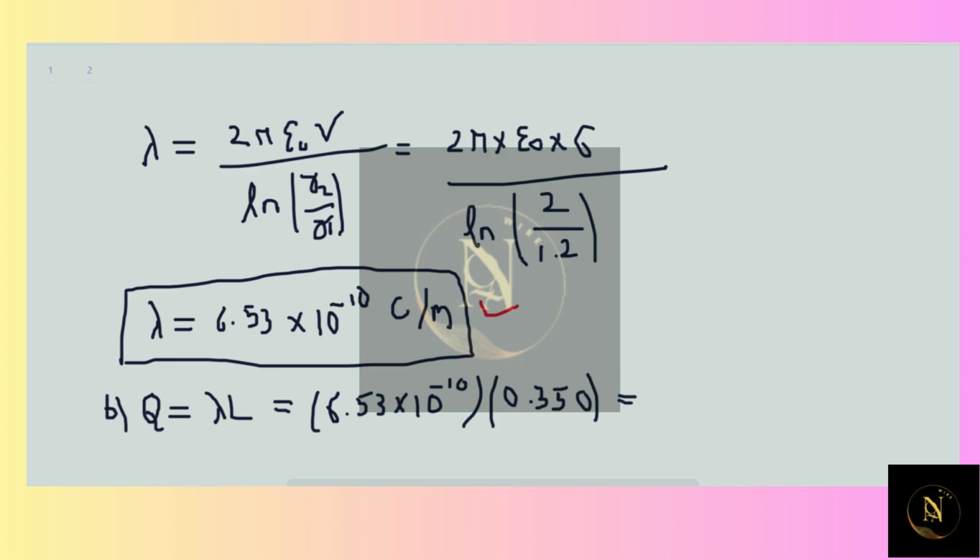And if you calculate, this value comes out to be 2.29 times 10 raised to negative 10 coulomb. So this is the answer for the second part of the problem, the total charge stored in this cylindrical capacitor.